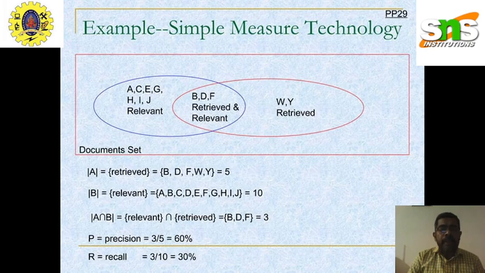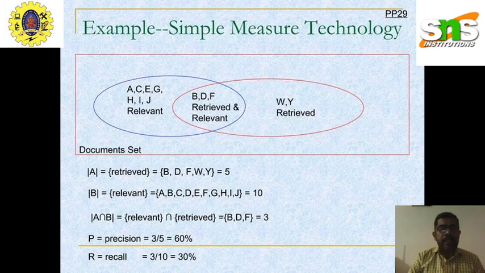So in retrieved we have total components B, D, F and W, Y. When we intersect, we go with the common space of A intersection B, and we have three components: B, D, F.